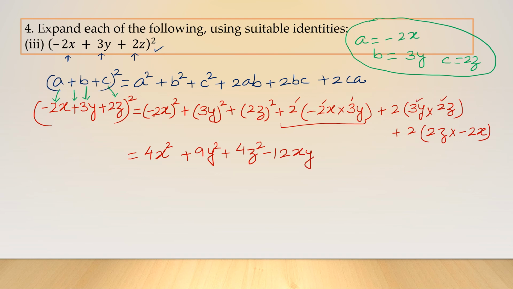Similarly 2 3s are 6, 6 2s are 12. So 12 yz, and here minus 2 into 2 is minus 4, minus 4 into 2 is minus 8. So minus 8 zx. So this is the way we have expanded the third part. Try to do the other parts of this question yourself.